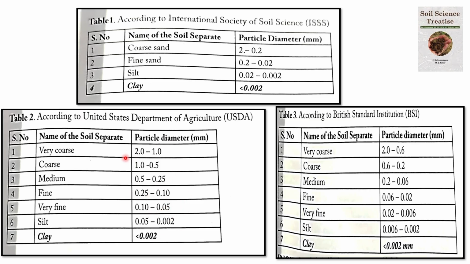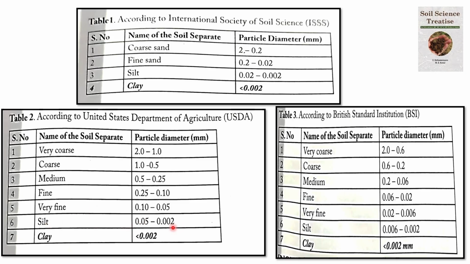They can ask, like, the particle size of sand according to USDA, and you have to answer 2 to 0.05. You should be thorough with the upper limit and the lower limit. Clay will always have a diameter less than 0.002 millimeter. Above that, the diameters of silt and sand start.